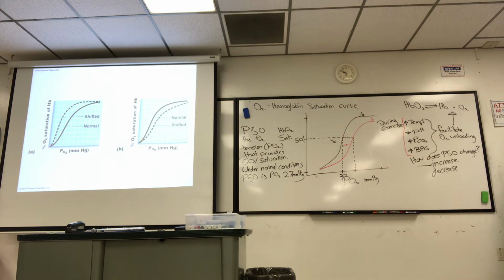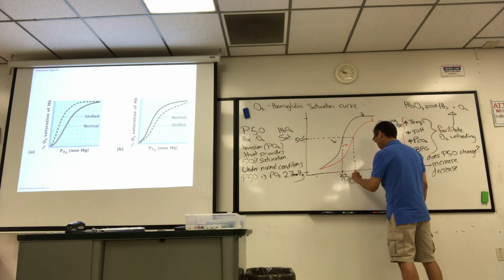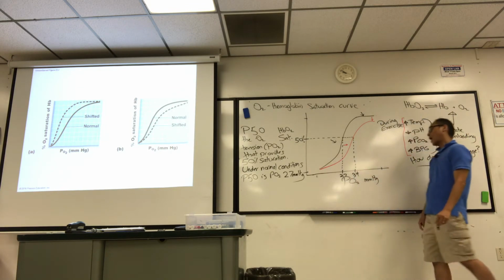What does that mean? It means it takes more oxygen to saturate at 50%, right? Let's put a number to it. Let's say it's about 34, some arbitrary higher number.